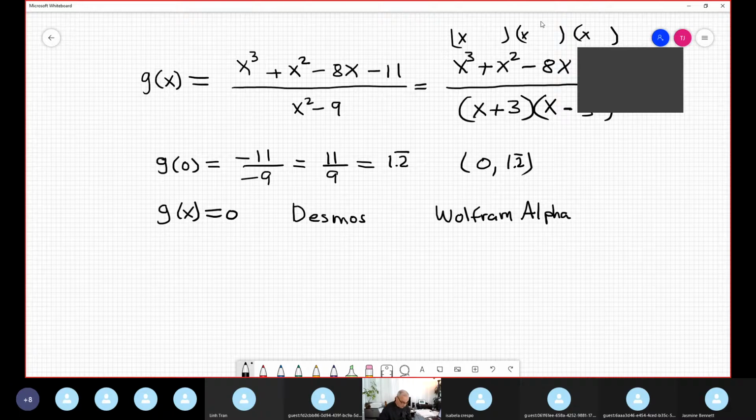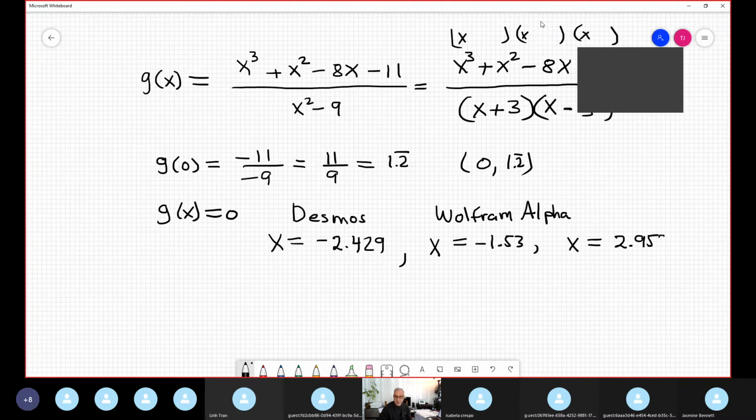I determined x equals negative 2.429, x equals negative 1.353, x equals 2.959. We're using decimals. Now I want to explain Wolfram Alpha.